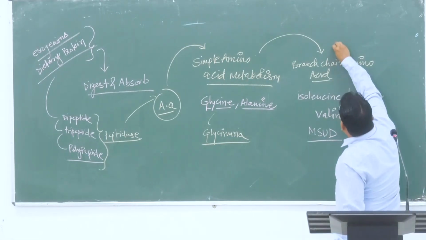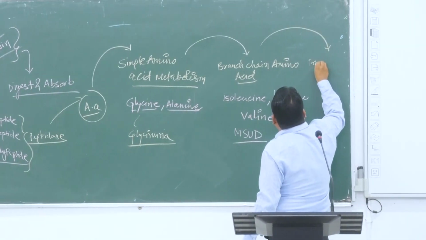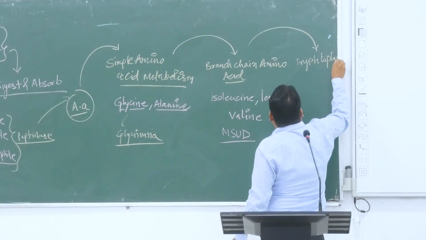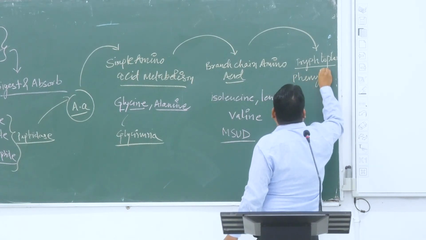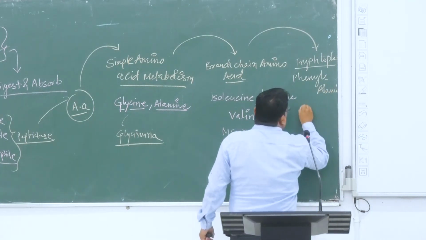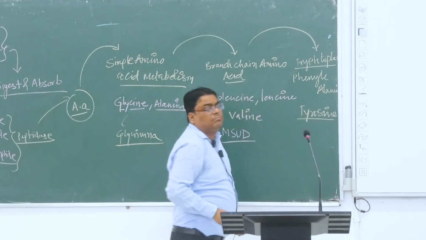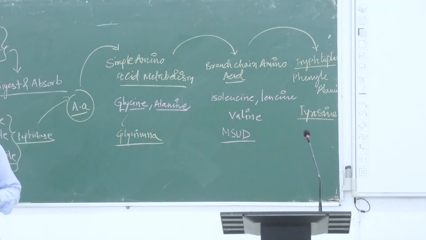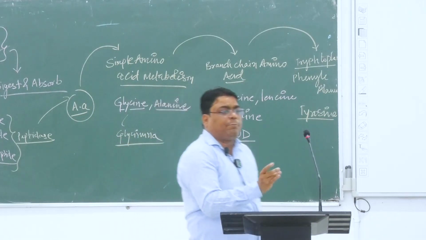After then we go for the next metabolism, aromatic amino acids, tyrosine. A very important metabolism, because from tyrosine there are disorders: phenylketonuria, albinism, alkaptonuria.